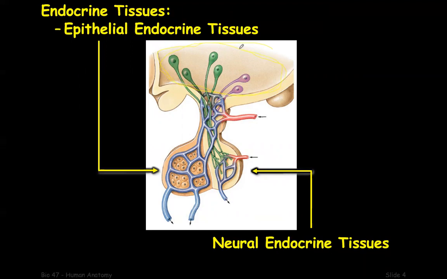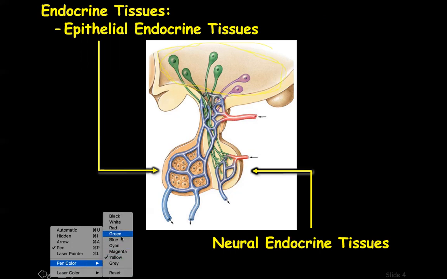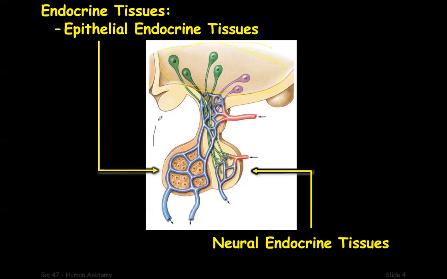And the pituitary sits in that sella turcica of the sphenoid bone, and it's divided up into 2 main lobes, that is the anterior and the posterior pituitary. So the anterior is going to be this one over here on the left, and the posterior is this one over here on the right.